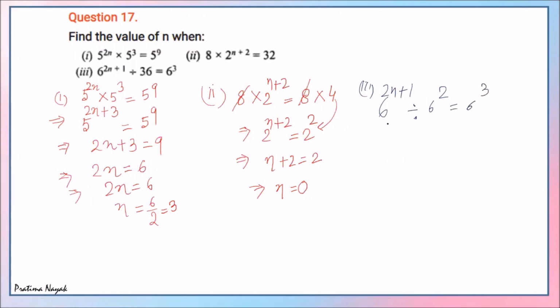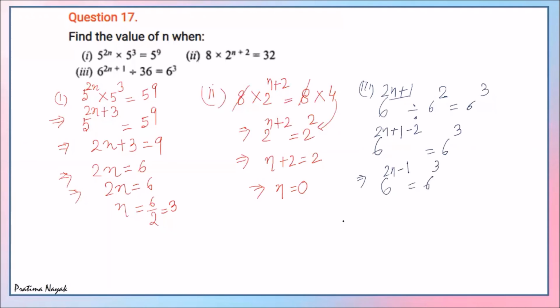Now when we divide, we get power subtraction. So this will be 2n plus 1 minus 2 is equal to 6 to the power 3. This 2n plus 1 and 2 will be subtracted. Now I'll simplify. Plus 1 minus 2, how much is this? This will be minus 1.